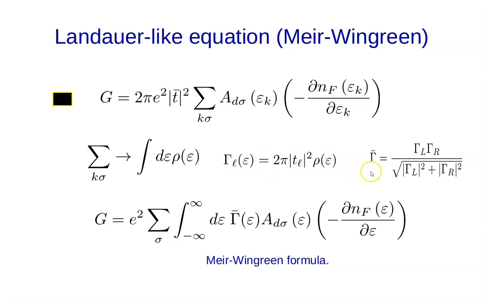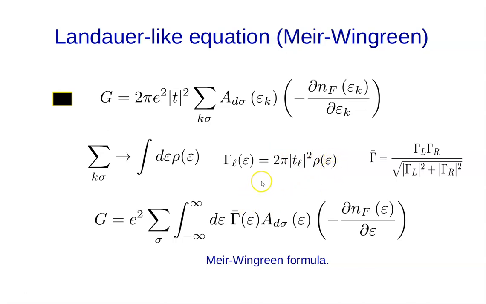So with that, I can also define this gamma bar, which is gamma left times gamma right over the square root of gamma left squared plus gamma right squared. And you can show that gamma bar is 2 pi t bar squared times the density of states here.